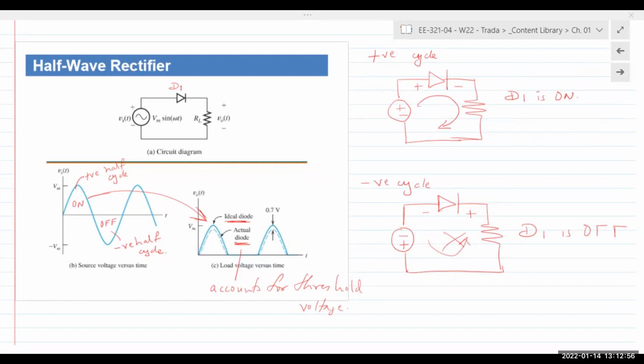Rectifying is basically converting from AC to DC. A device that converts AC input to DC output, we call a rectifier. Anything that converts DC to AC is called an inverter.